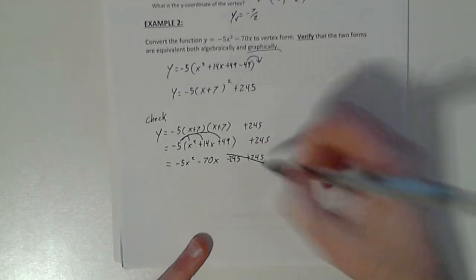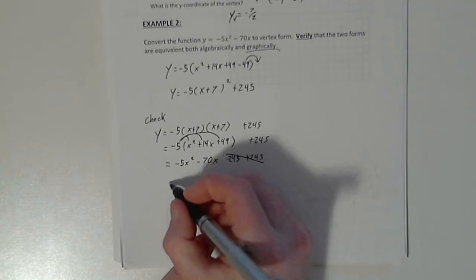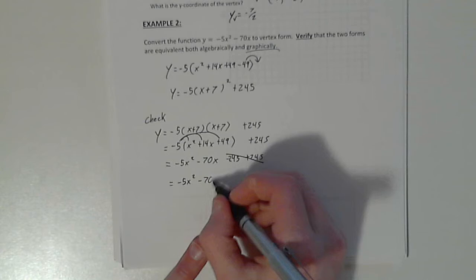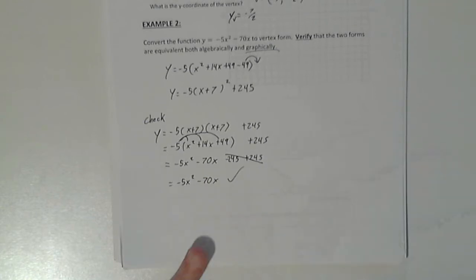So those two numbers cancel out. And it just makes negative 5x squared minus 70x. So it does indeed work algebraically. We can get back to expanded form, so we can move both ways.